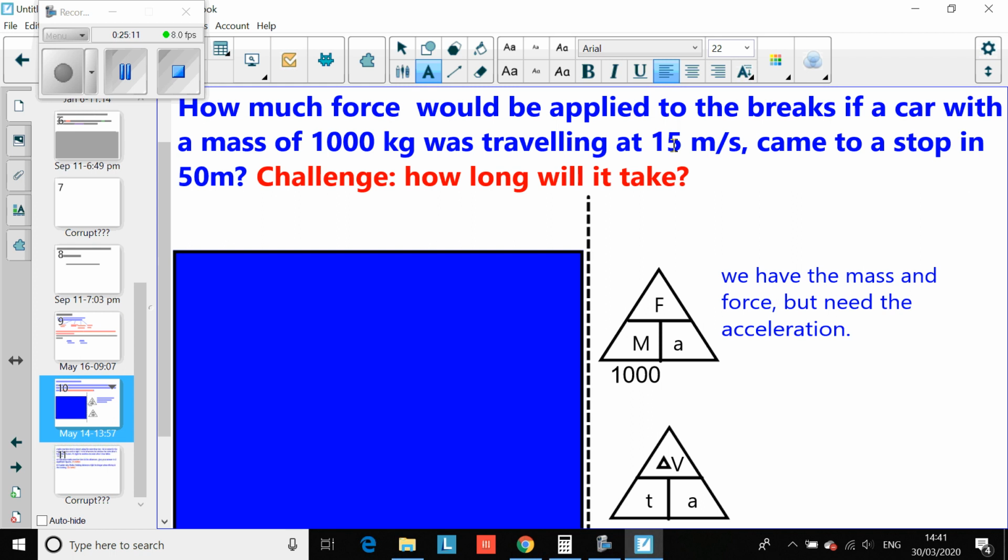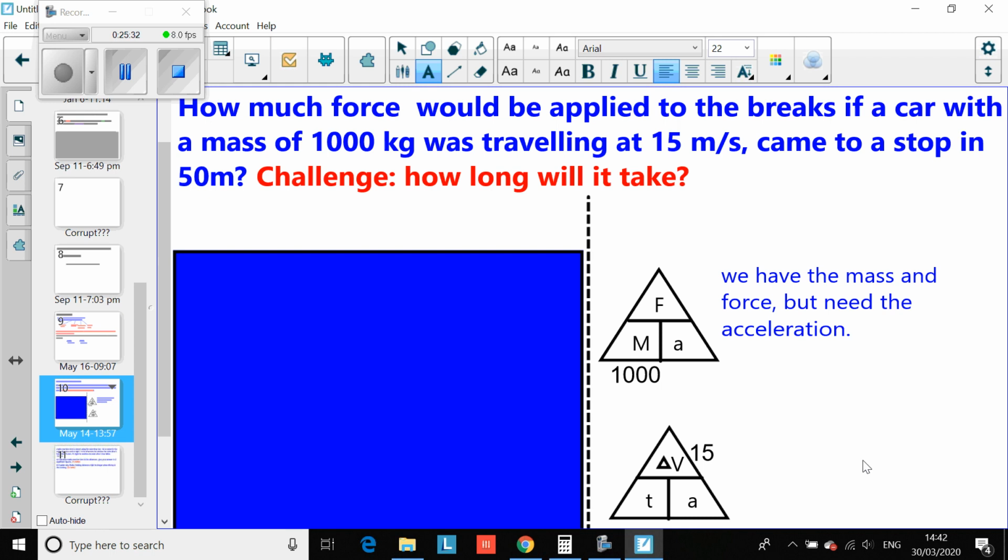Right, so it was going 15, it's now come to a stop, which is 0, so its change is 15 meters per second. Okay, so we can put that change in there, and that's fine. But nowhere in here does it say anything about acceleration. So we're a little bit stuck at the moment, all right?